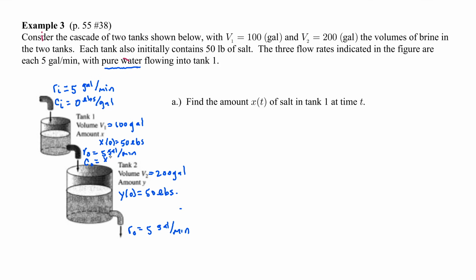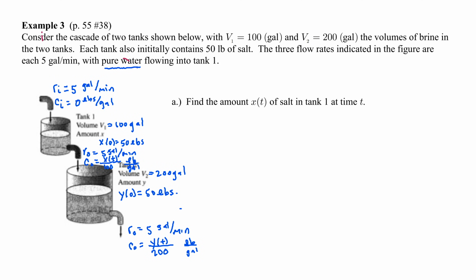This will be dependent on the amount of salt in the tank at time t, but again, because the volume is constant, it's going to be per 100 gallons. The concentration out of tank 2 is going to be the amount of salt in tank 2 at time t per 200 gallons. So again, this is pounds per gallon. This one also pounds per gallon.